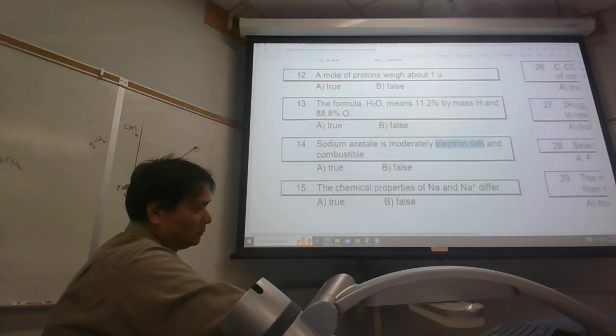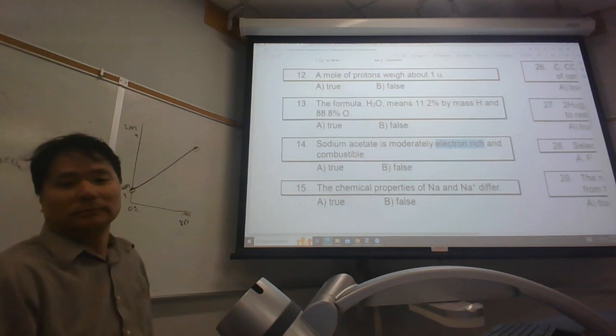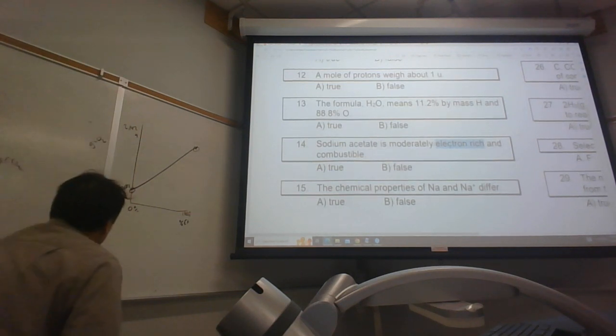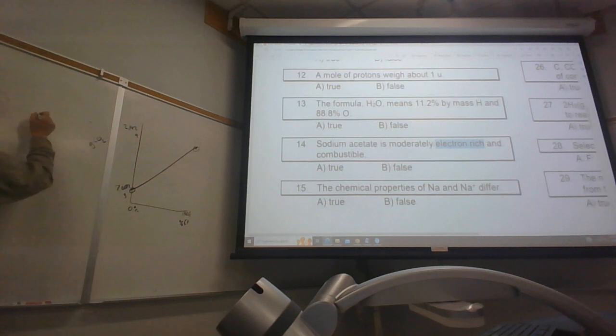It's zero charge, but if you look at the acetate ion, CH3COO minus, the 2 carbons are quite a bit different. The first carbon is -3, and -3 can go all the way to +4. That means we're losing 7 electrons.